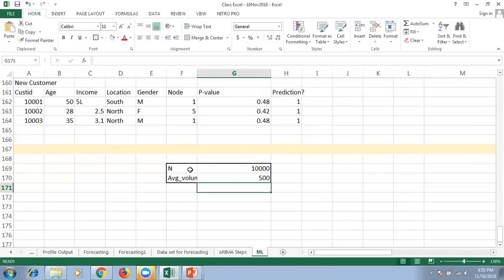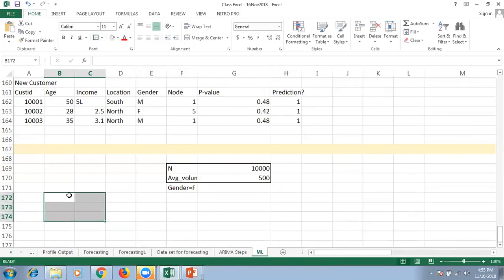So then the splitting criteria, suppose, what is the split? For example, gender equal to female. And then how many customers do we have? Gender equal to female, for example, n equal to 3,500 customers. And in this case, 6,500 customers are there.